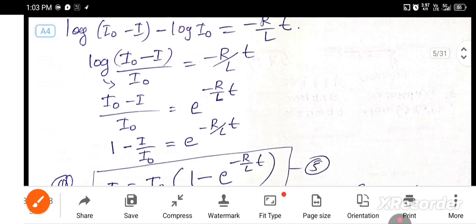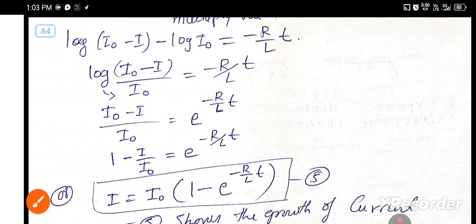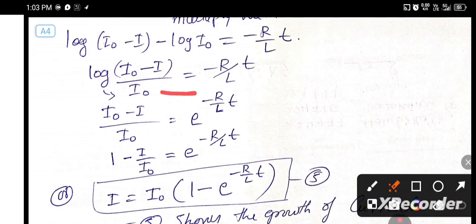When log is taken to this side, log changes to exponent.